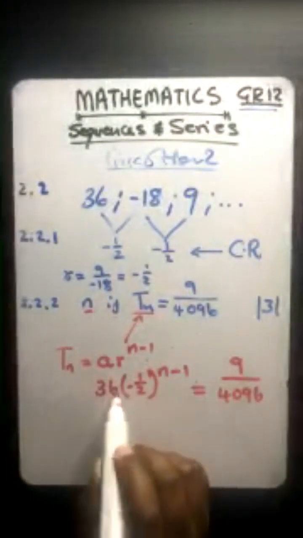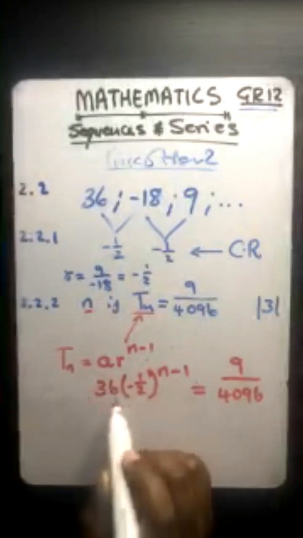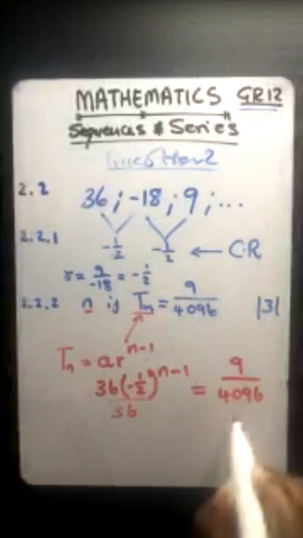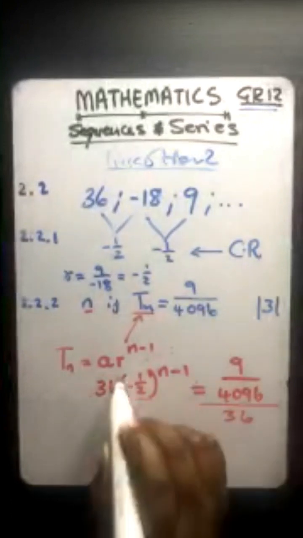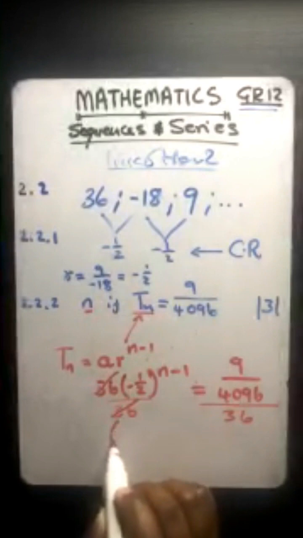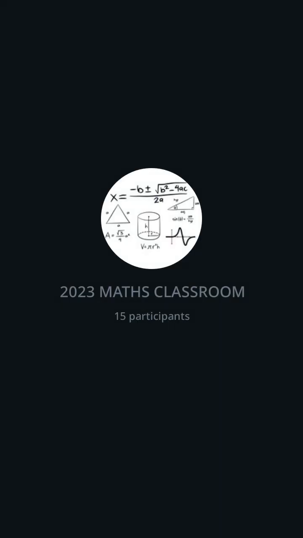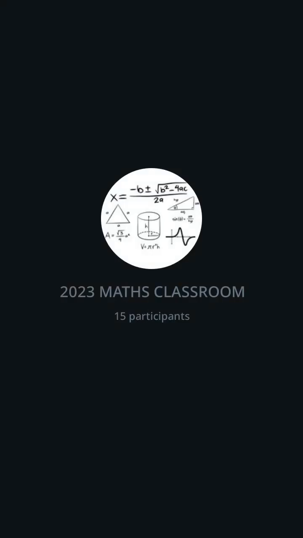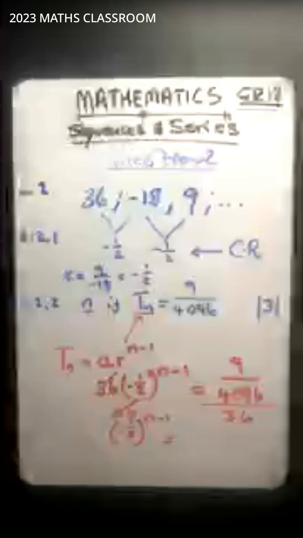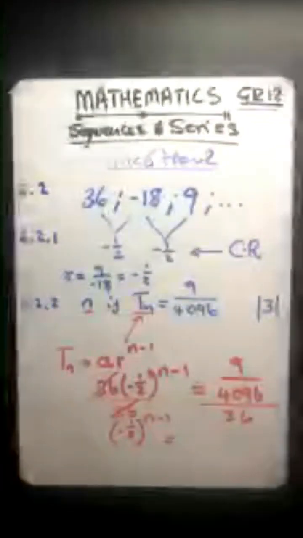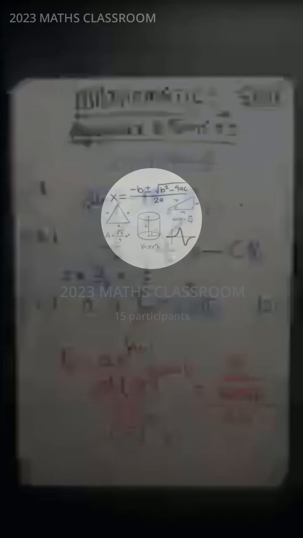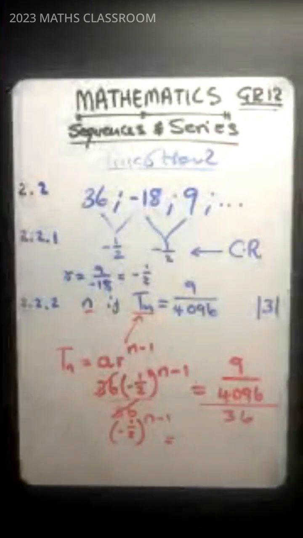Because we want to detach everything close to the n. So I'm saying let's divide both sides by 36, so that it cancels and we just remain with a negative half to the exponent of n minus 1, which is what? What is that?